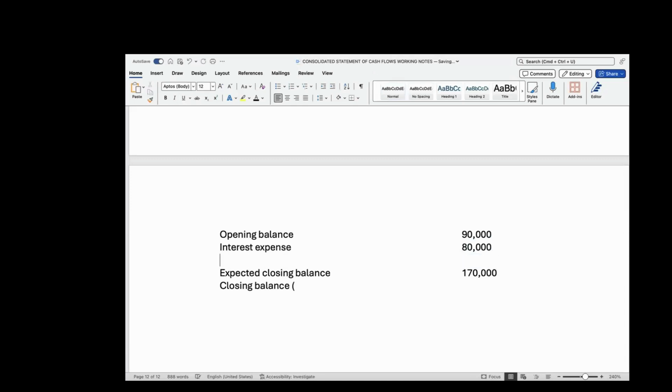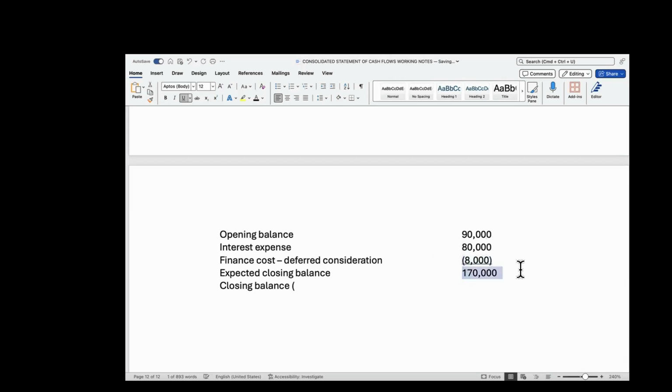So since it's included, let me say finance cost from deferred consideration is a non-cash item.